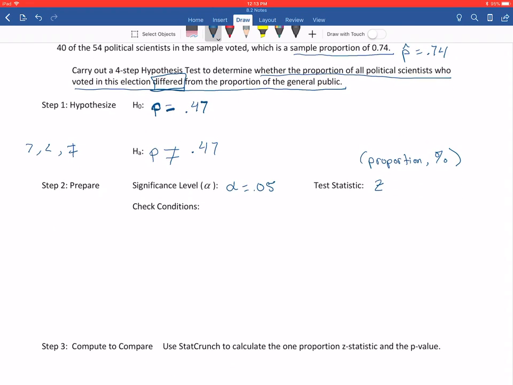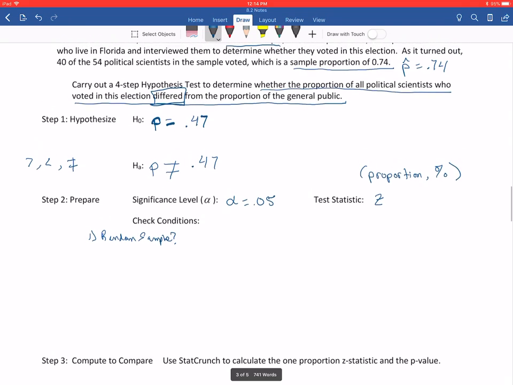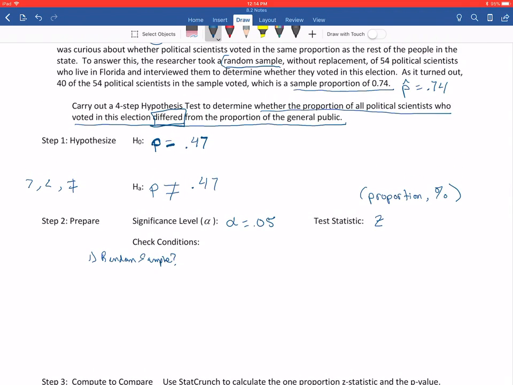And now we need to check those 4 conditions. This ends up being the hardest part of running a hypothesis test, and it's the longest part. So let's see. The first is, do we have a random sample? And yes, I underlined that keyword up here so I can check that off.